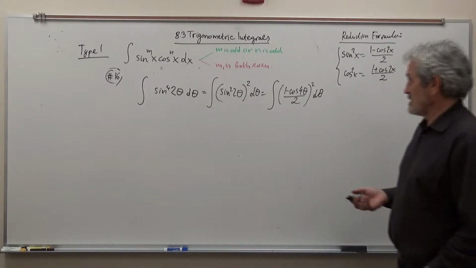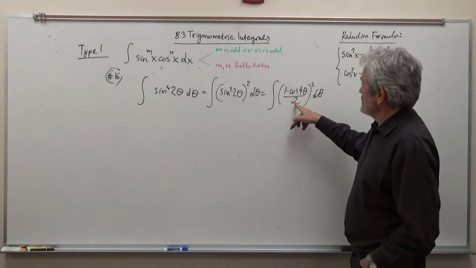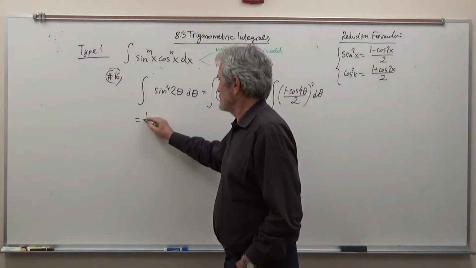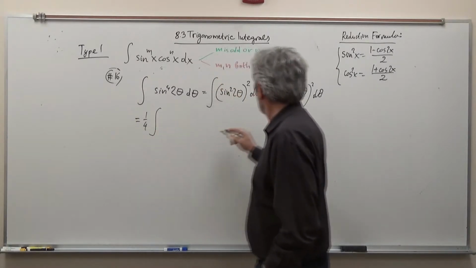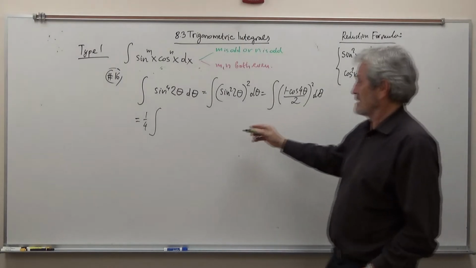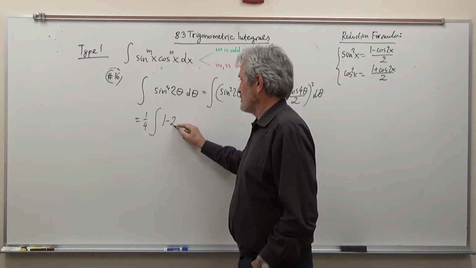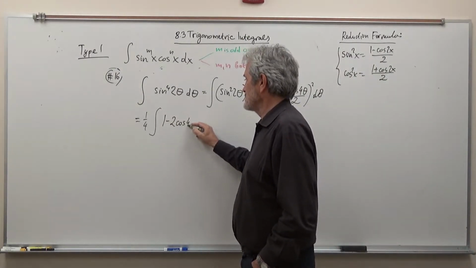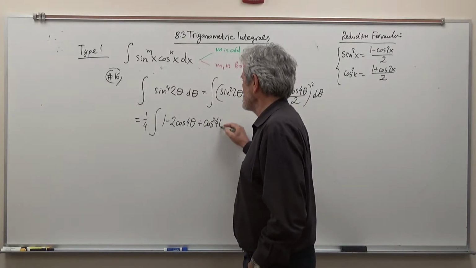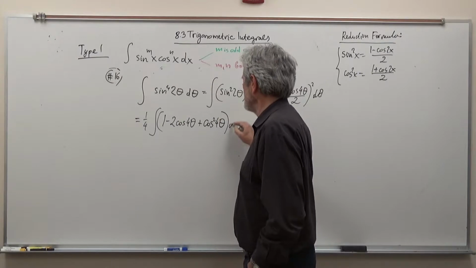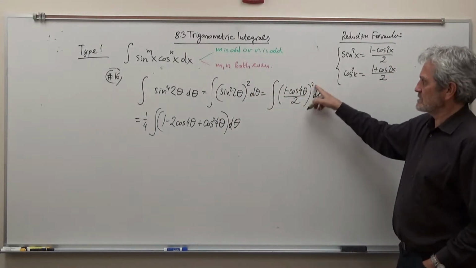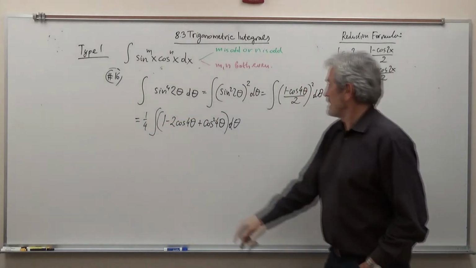But then we keep going. By the way, 2 squared is 4 in denominator, so I can factor it out. So it's 1/4 integral. Now I square 1 minus cosine 4 theta, I FOIL again like last time. So that would be 1 minus 2 cosine 4 theta plus cosine square 4 theta d theta. Here it is. So these 2 were squared to give you 4. I pulled it out.